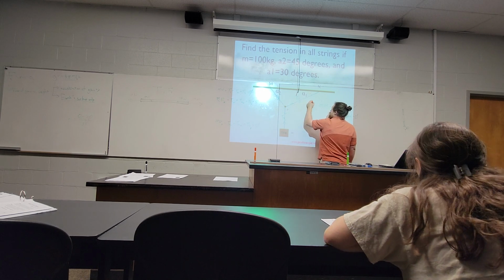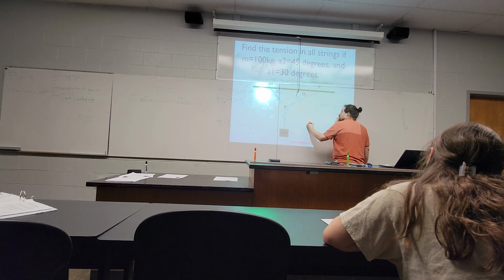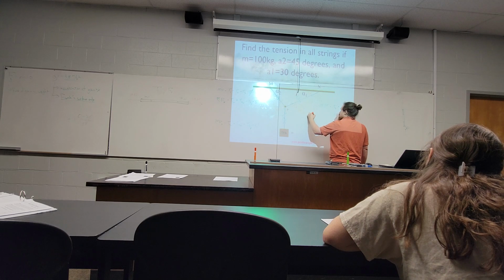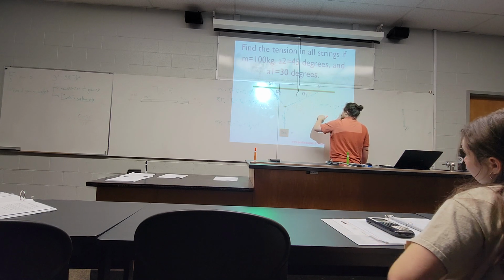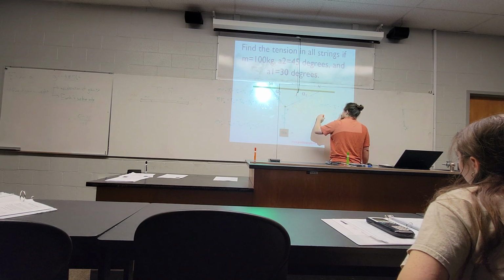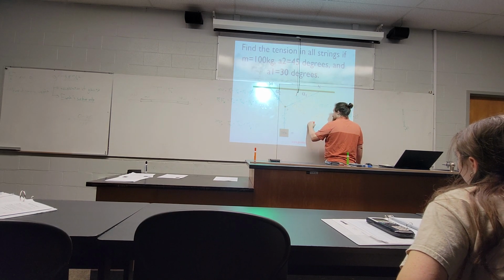Very good. And that leaves X as the adjacent. So sine of our 30-degree angle is going to be T1y over T1. And likewise, cosine 30 is going to be T1x over T1.